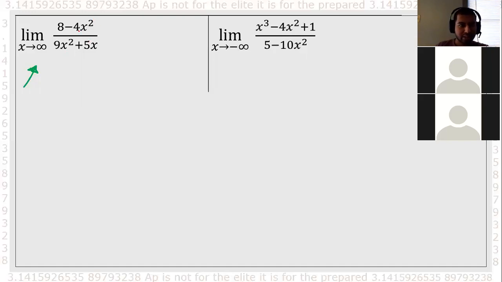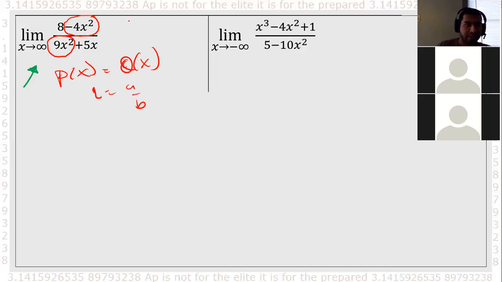The largest exponent in the numerator is this one right here, negative 4x squared. And the largest in the denominator is this one right here, 9x squared. So on the numerator, because my p of x is equal to the q of x, all I have to do is that the limit is a over b. In this case, this is my A, this is my B. So I got negative 4x squared divided by 9x squared.